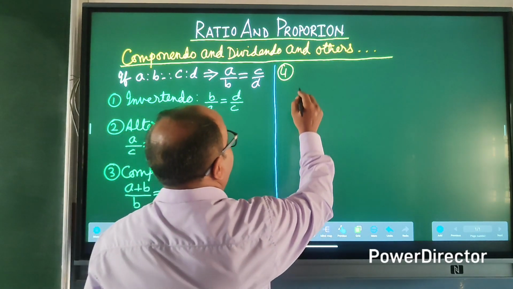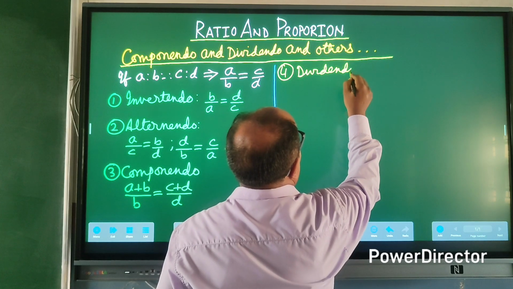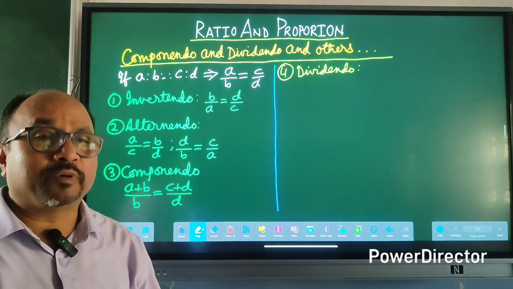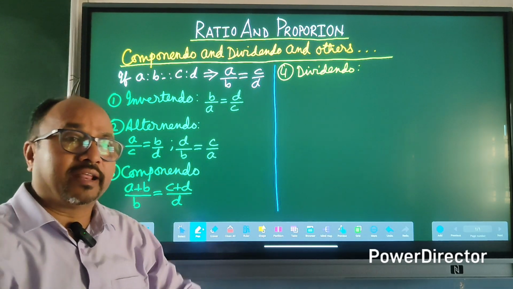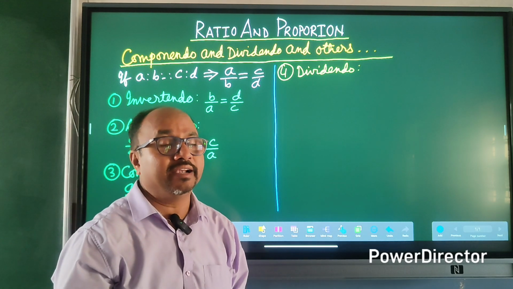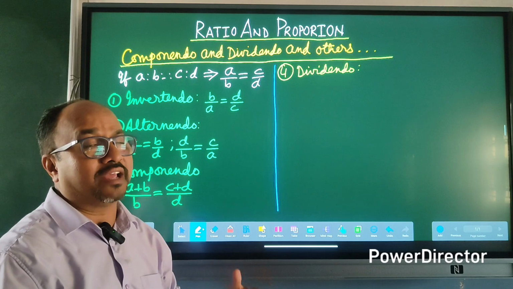Now the fourth one is dividendo. In dividendo, what happens if we subtract 1 on both sides and then take LCM and simplify, the result we get is written in dividendo. Because it is the minus part, whereas in componendo it was the addition part.